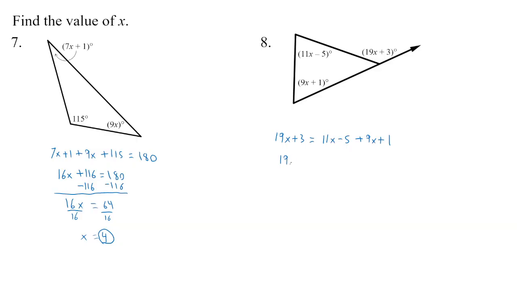So now that we set up the equation, all we got to do is solve it. So we're at 19x plus 3 equal. Now on the other side, we're going to combine like terms. 11x plus 9x is 20x, and negative 5 plus 1 is negative 4.